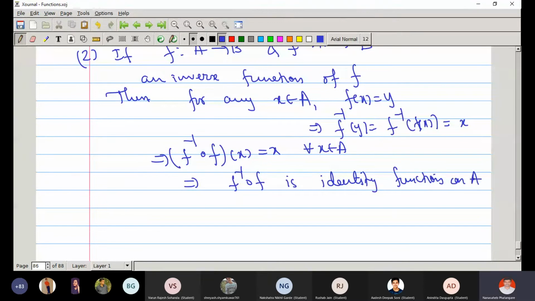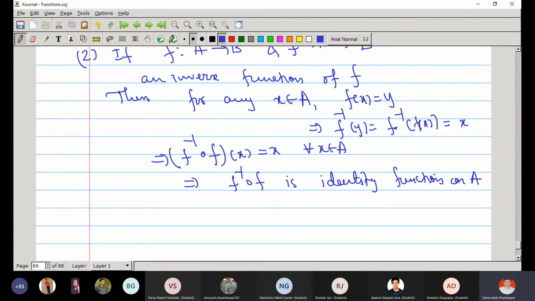Is it correct? We understand what I want to say. If f inverse is an inverse function of f, then f inverse composite f is an identity function, because if we apply f inverse on y, where f of x is equal to y, then f inverse of y is x, but f inverse of y is just f inverse of f of x.